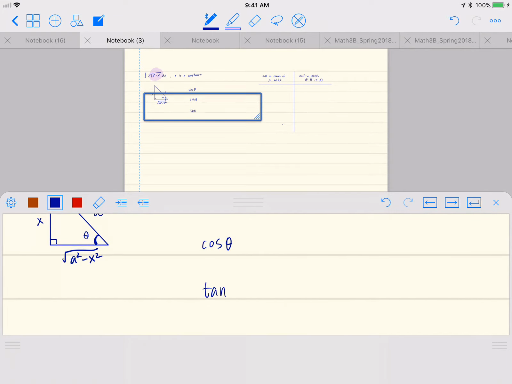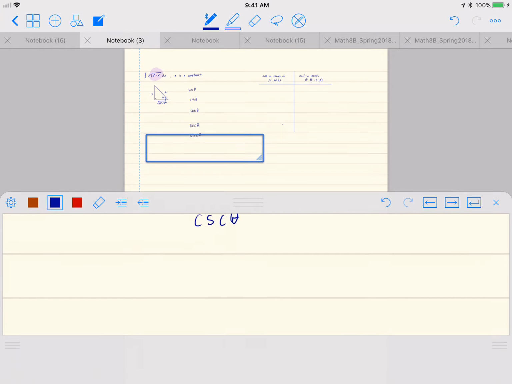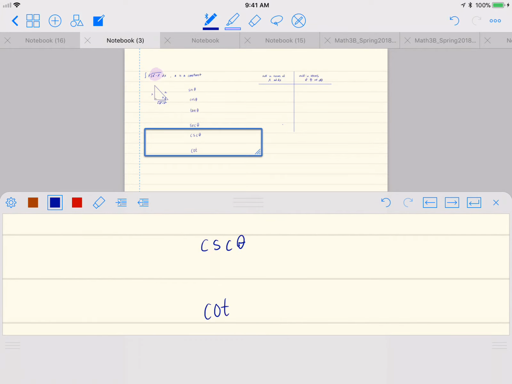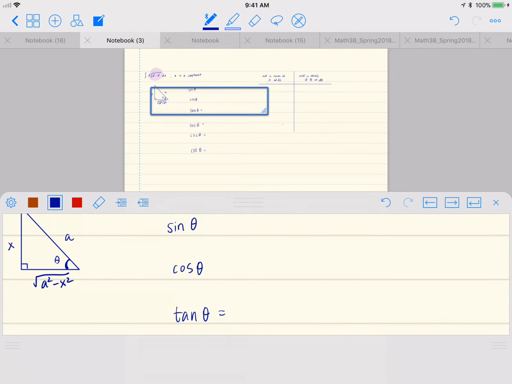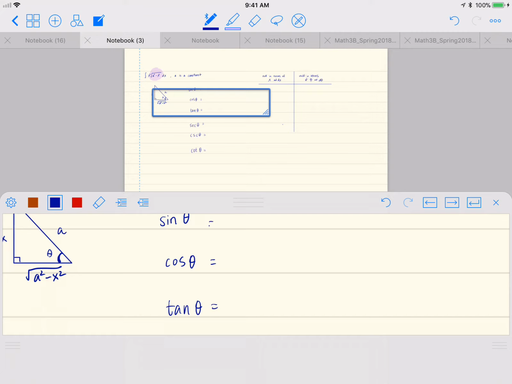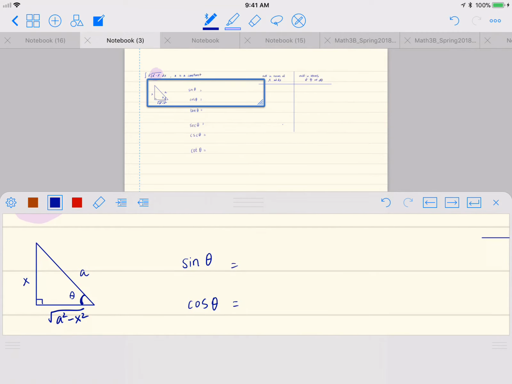What's tangent theta? What's secant theta? Cosecant theta? And cotangent theta. So this is all what I'm doing in my head, or you can write it down. Nobody cares if you write it down or if you do it in your head, no problem. Right, to figure out which relationship you want to use.